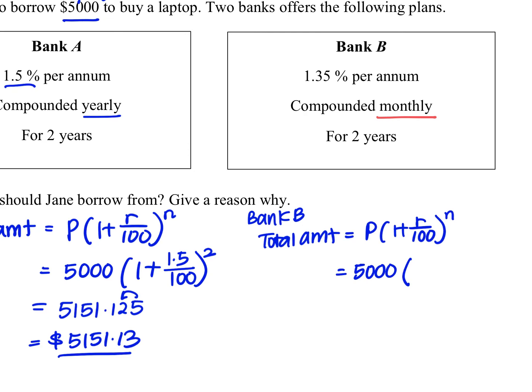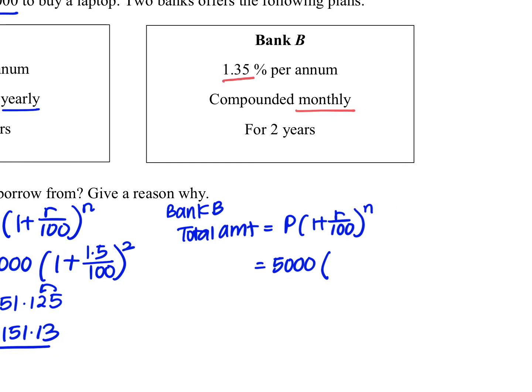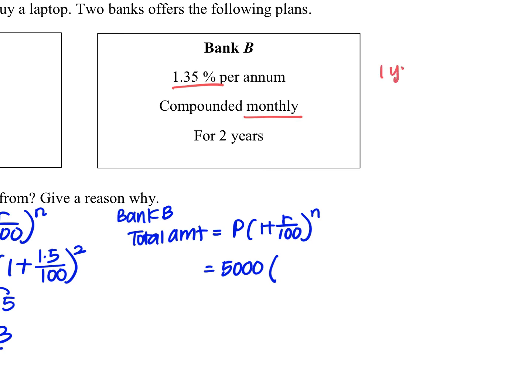Now what do we need to do? I have this interest rate in terms of year. 1 year I need to pay 1.35%. 1 year has 12 months. How many percent will I need to pay for 1 month?